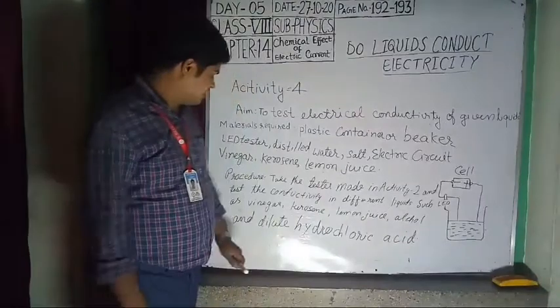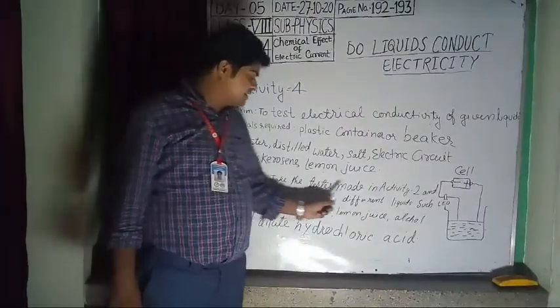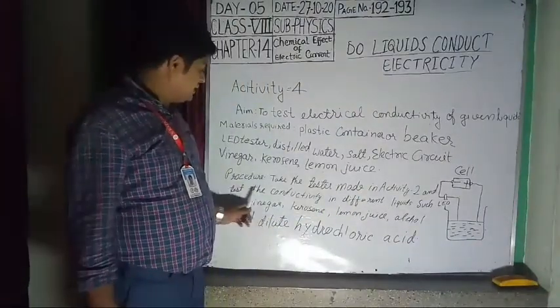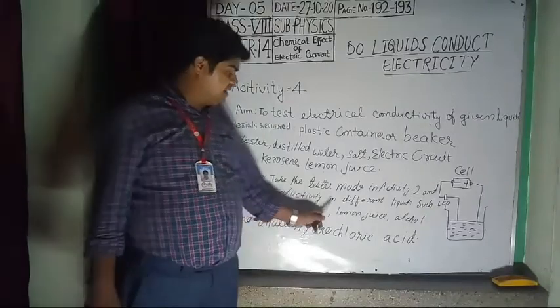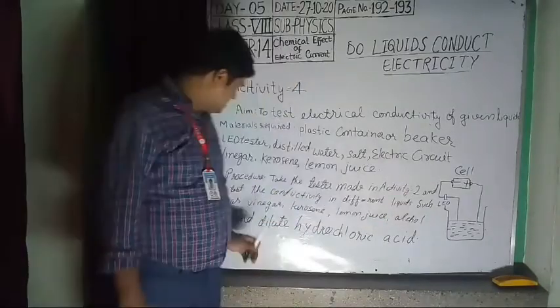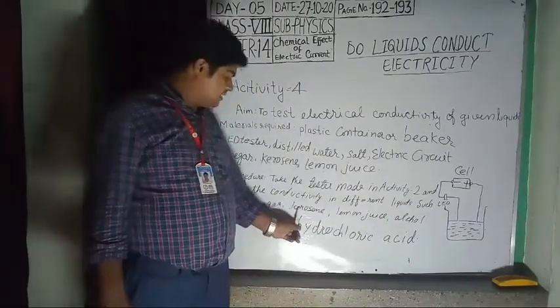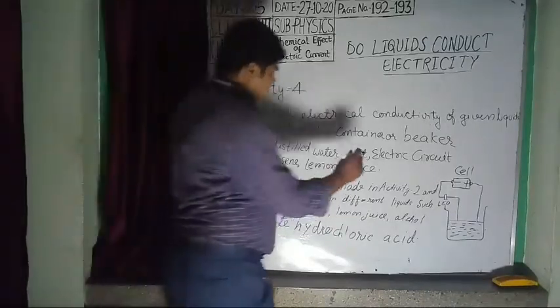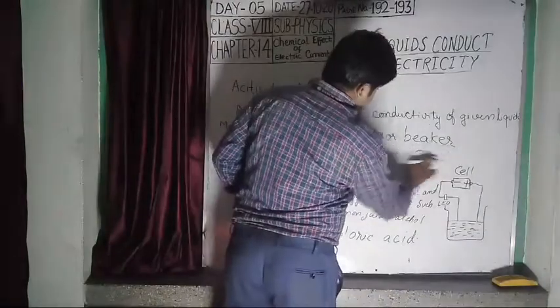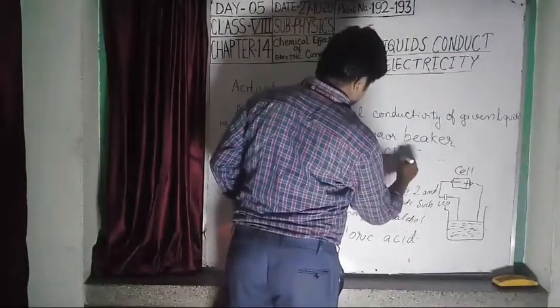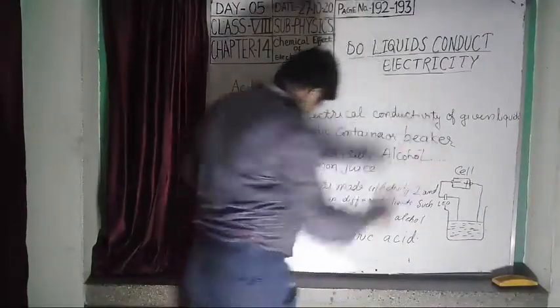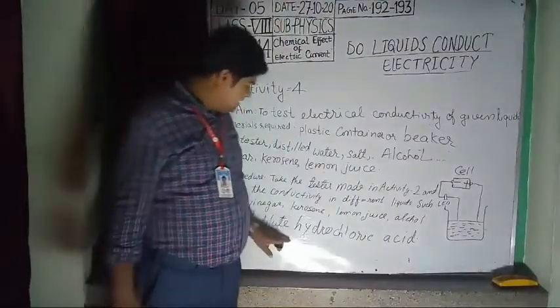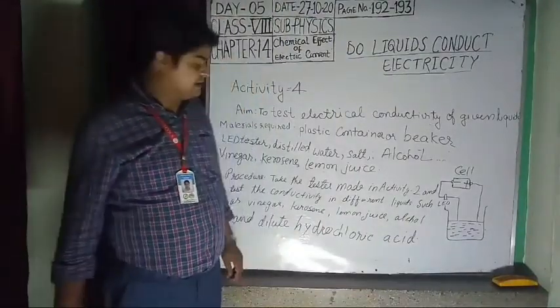Now take the tester made in activity 2 and test the conductivity of different liquids such as vinegar, kerosene, lemon juice, alcohol, distilled water, and dilute hydrochloric acid.